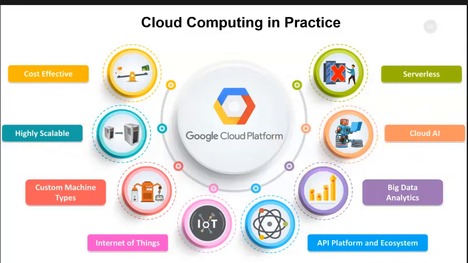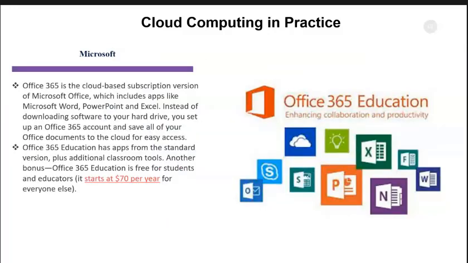It incorporates AI and machine learning, and also big data and learning analytics, Internet of Things, and there are many features in the Google Cloud Platform. Another example of cloud computing is Microsoft Office 365 Education. In this office, you will find all apps and all content that are related to Microsoft within one place in cloud computing.